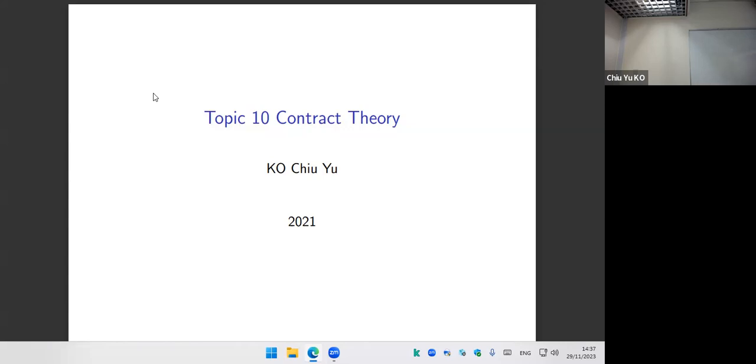But if you allow one agent to design the contract to decide how the game is played, then the model will be much easier, and you usually have a unique solution. In an applied sense, it's much easier.